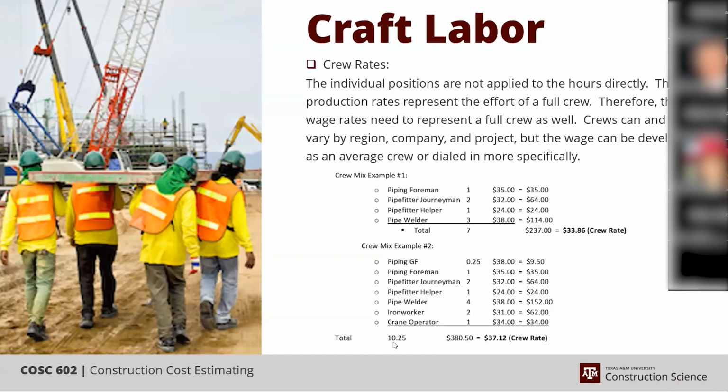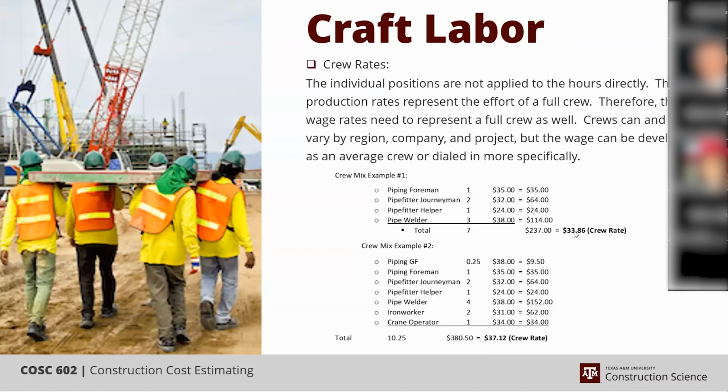So that 3,500 hours we were talking about is represented by 10.25 people. Or if you had this crew up here, it would be 7 people, and $237 divided by 7 is 3386. So it's a different crew and a different crew average rate. Which one of these would be developed depends on how your company operates.